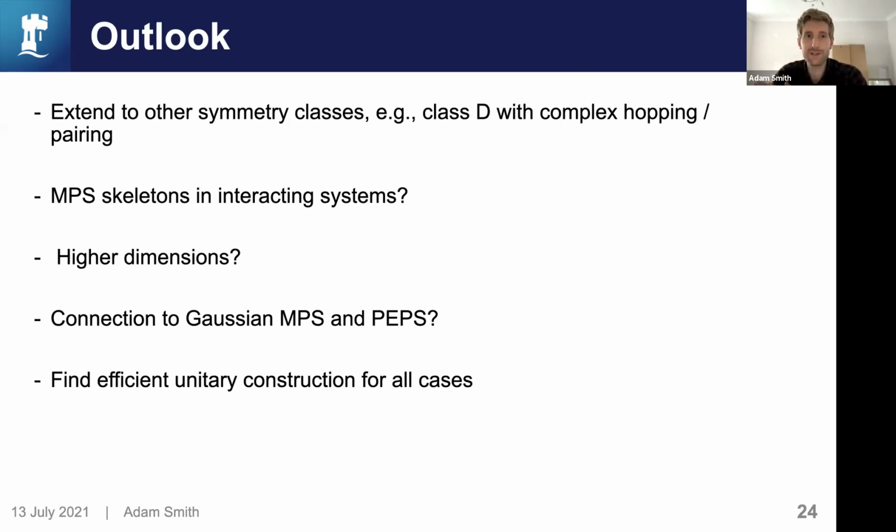And then a far more interesting and more realistic case is, what about interacting systems, non-integrable models? Does this picture of MPS skeleton still hold? And are they still dense? And can we tell physical properties of models from these MPS skeletons?